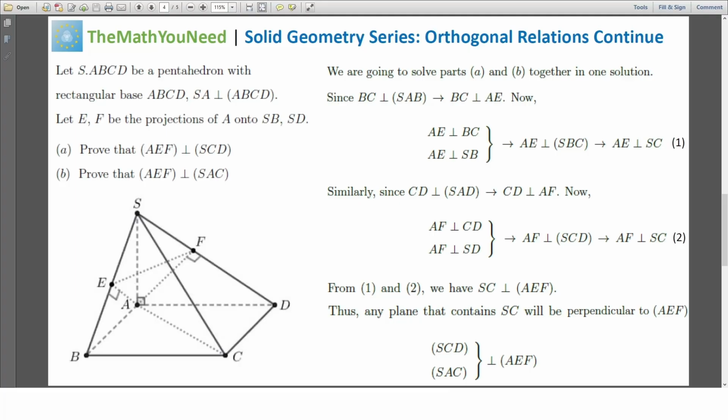So projections mean that from the vertex A, you draw a line perpendicular to the side that it mentioned. So in this case, from A, you will draw AE perpendicular to SB, okay? And from A, you draw AF perpendicular to SD. So that's what projections mean. Okay, just want to clarify.